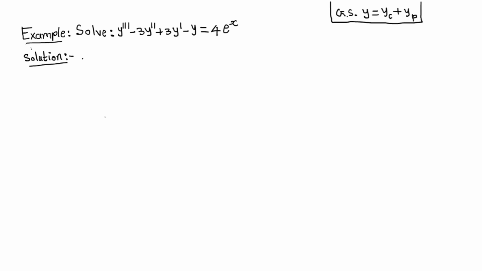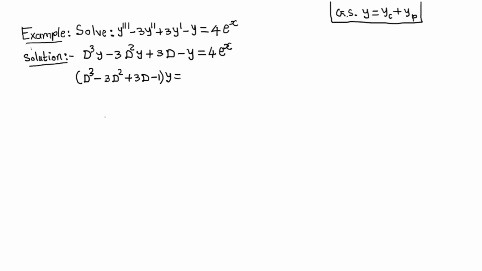The decoded form will be d cube y minus 3d square y plus 3d y minus y, and we have our forcing function as 4 e raised to x. Now for the auxiliary equation I am taking f of d as common: (d cube minus 3d square plus 3d minus 1) y equals 4 e raised to x.